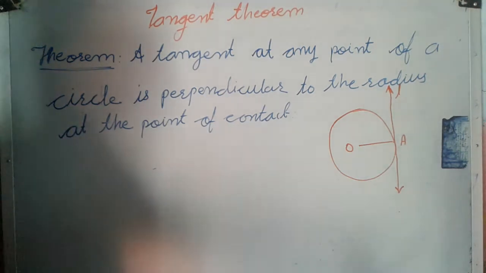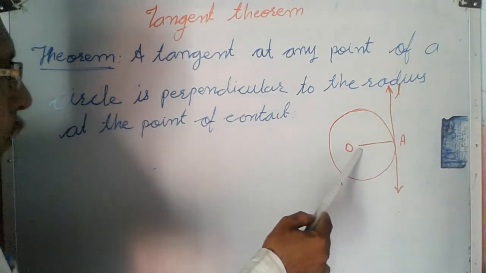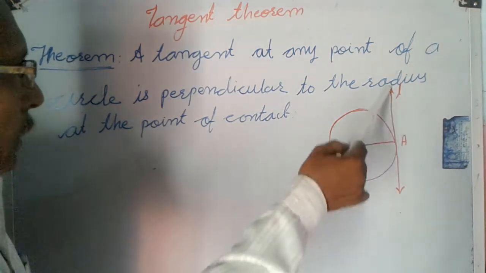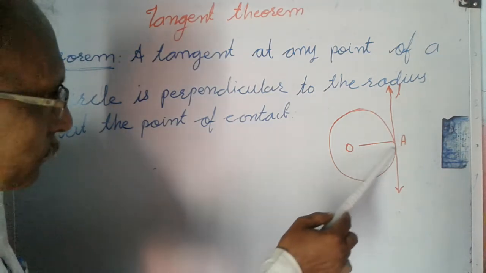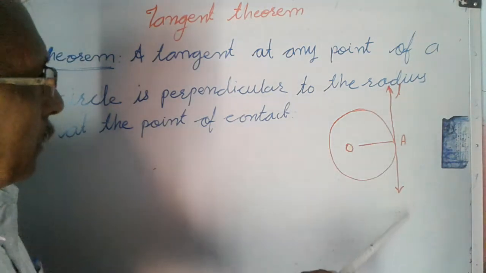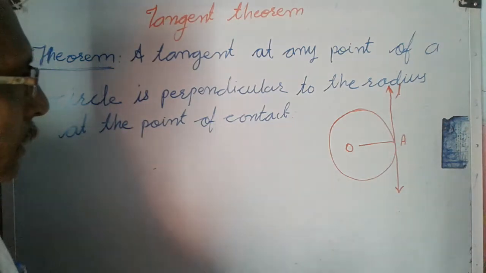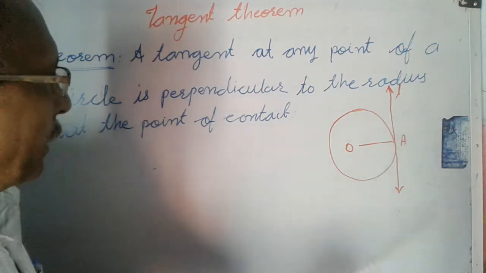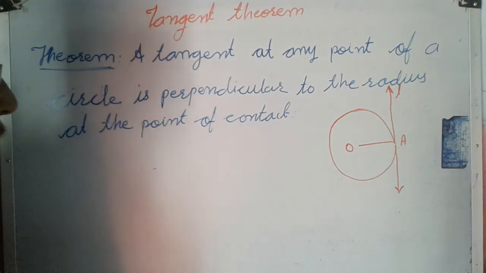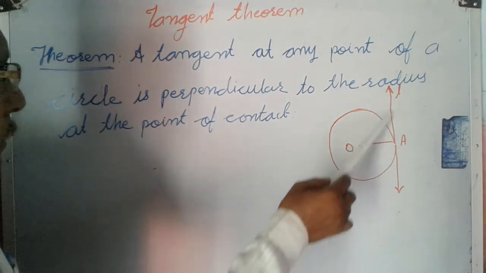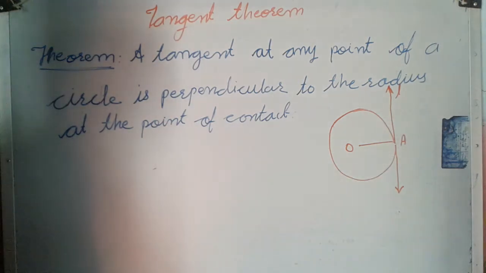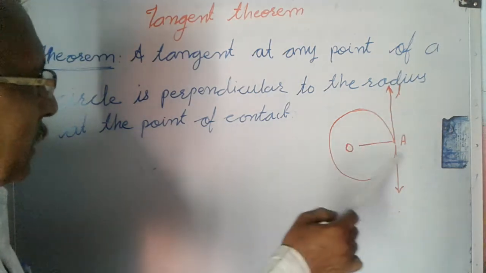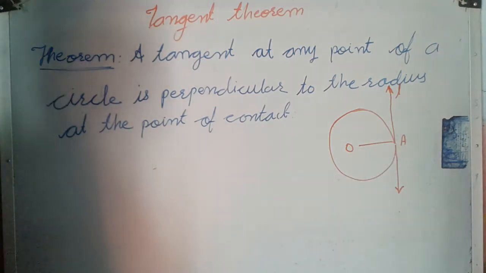Now here, the circle has center O, line L is touching the circle at point A. That means point A is the point of contact and OA is the radius. That means this tangent is perpendicular to the radius. We have to prove this.